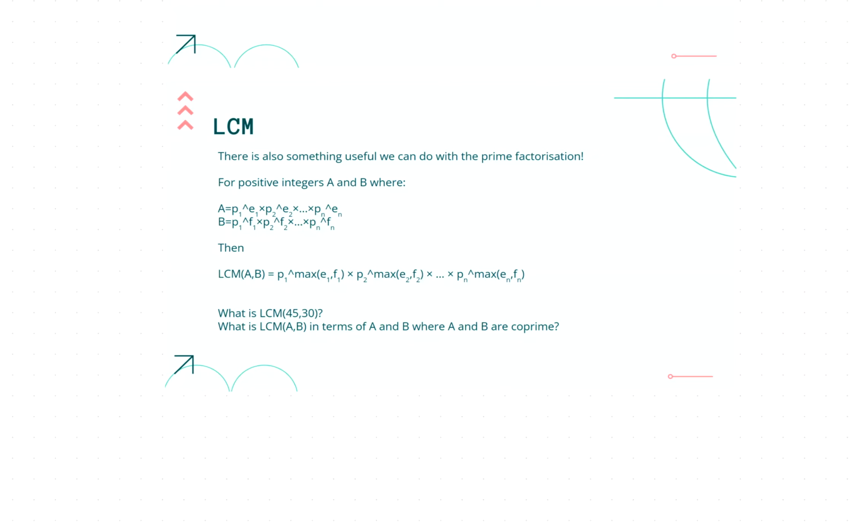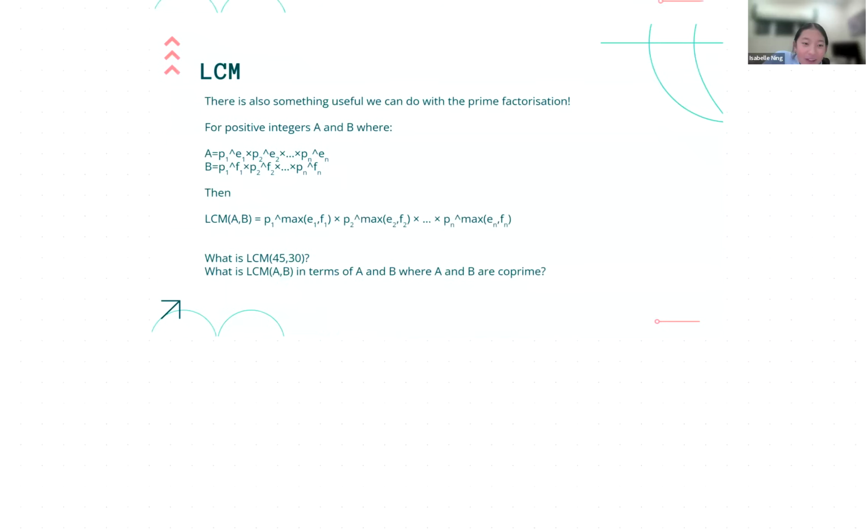So yeah, we'll just do another example together so that we get used to the notation. So 12, like Olivia mentioned, was 2 squared times 3. And 18 equals 2 times 3 squared.